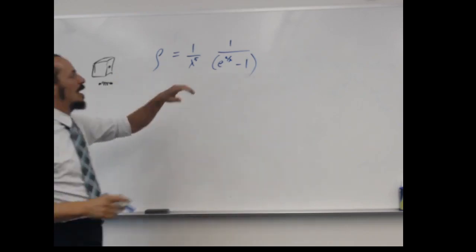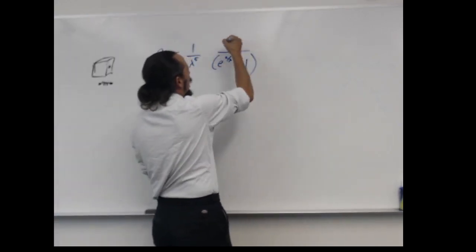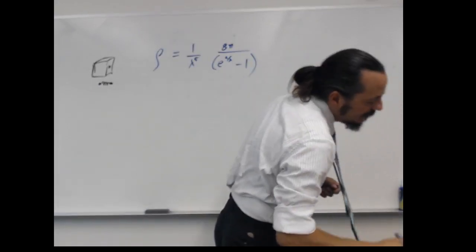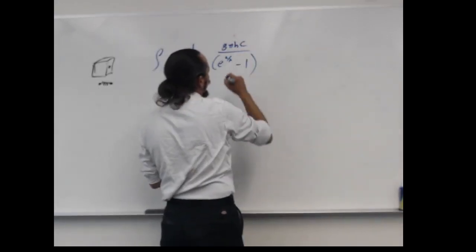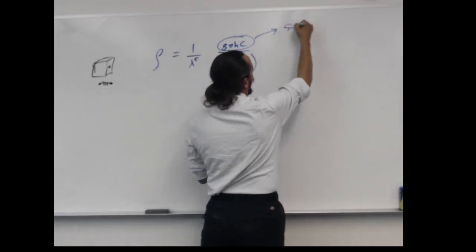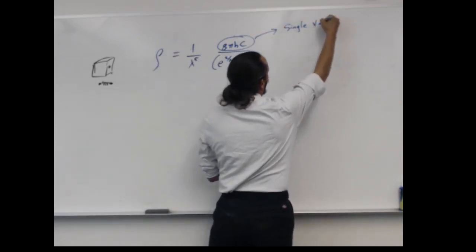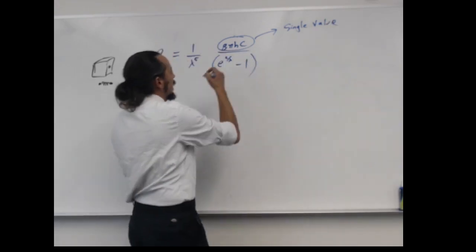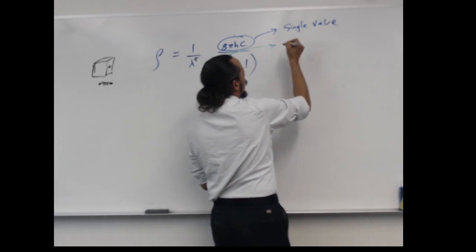Right? A is a bunch of constants. This is like 8 pi hc. That's all just a constant. This A term is also just a constant. This is just a single value.